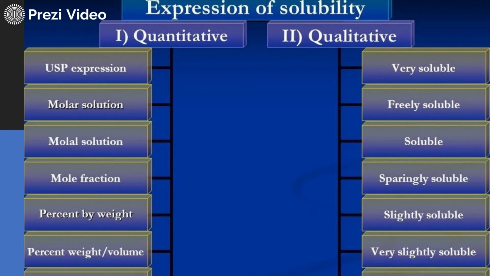Soluble means when you stir the solute, it goes into solution. Sparingly soluble means you have to make some effort, stirring for some time, to get it solubilized. Slightly soluble means not generally soluble. Very slightly soluble means it gets solubilized but only to a limited extent. Similarly, there are insoluble substances. These are the various ways by which we express the solubility of solutes in solvents while preparing solutions.